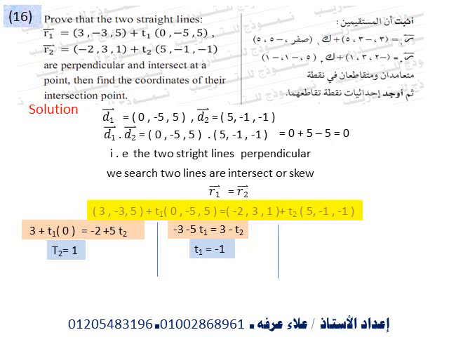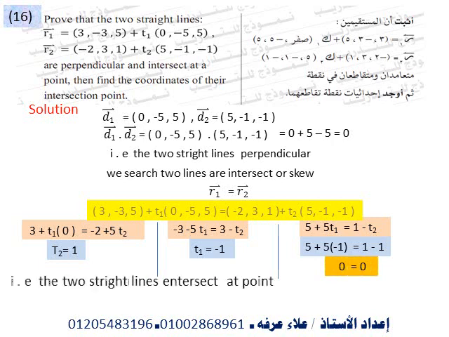The third equation: 5 plus 5T1 equals 1 minus T2. If we put T1 equals negative 1 and T2 equals 1, we get 0 equals 0. That is, the two straight lines intersect at a point.